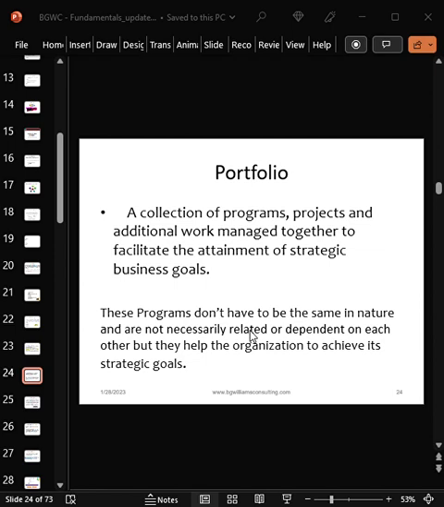But the essence of a portfolio, take note, is that it is a collection of programs or projects that are managed together to obtain a strategic business objective. Their strategic business objective may just be brand recognition. It may not necessarily be to make profit. Please take note.